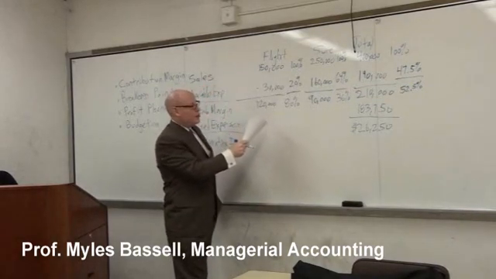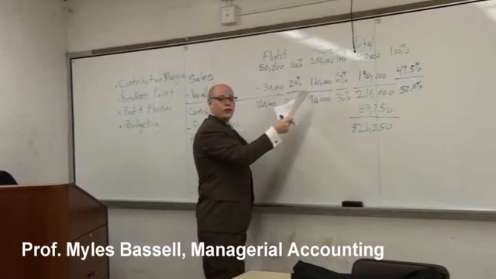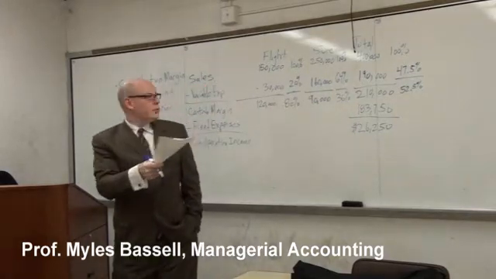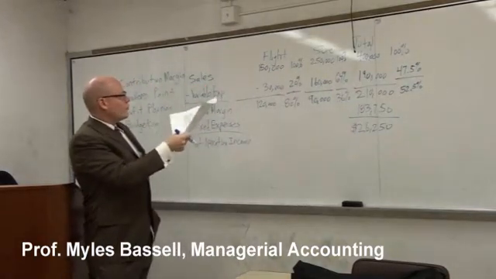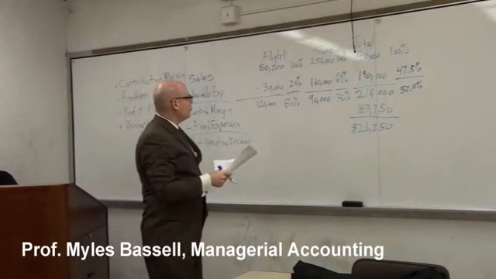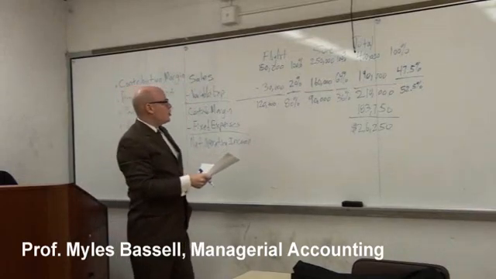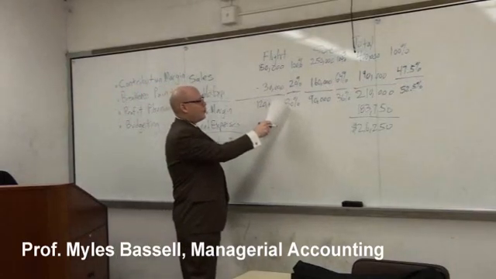That doesn't need to be the case. The reason why the contribution margin here is so high is because the sales for Sure Shot are $100,000 more than for Flight. So on a percentage basis, Flight is more profitable.